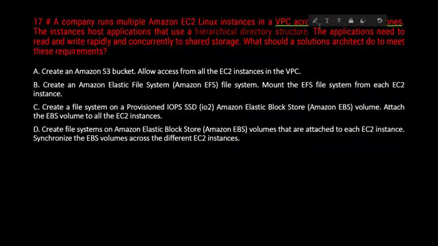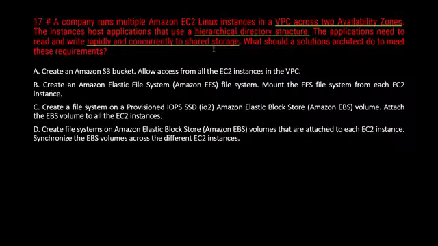The applications need to read and write rapidly and concurrently to shared storage. What should the solutions architect do to make it work? So they are talking about a storage device.